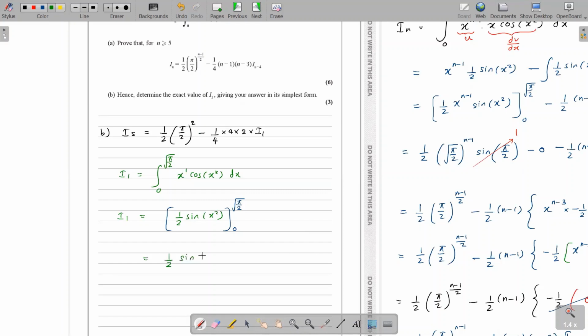So half sin pi over 2 minus half sin 0. Sin pi over 2 is 1, right? And sin 0 is 0, which means I just get half.